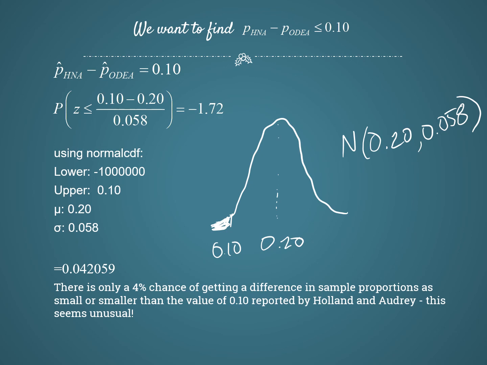Notice I drew my beautiful, and not that beautiful, distribution with my mean and the number that I was looking for, my stat, my 0.1, and I shaded it. I stated the mean and the standard deviation next to the n there. So I have all the things. I also wrote down what I would do with my calculator using normal CDF, lower a really big negative number and upper 0.1 with a mean of 0.2 and a standard deviation of 0.058.